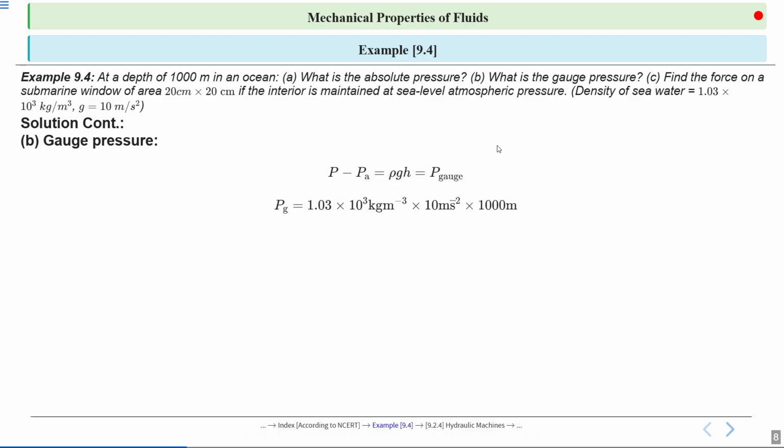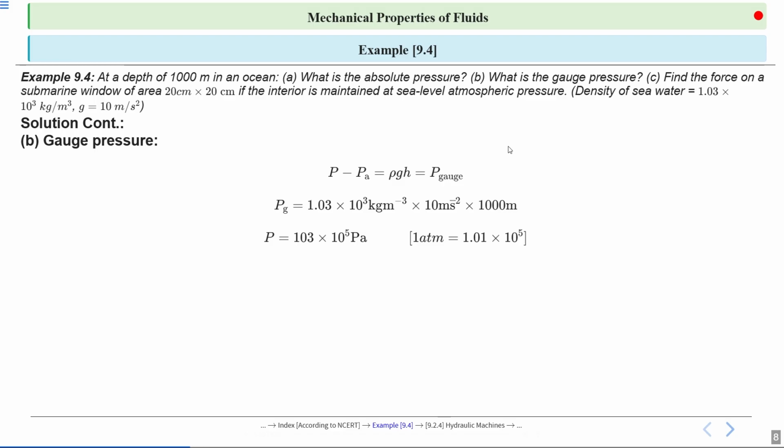Substituting the given values into our formula, we have P gauge equal to 1.03 into 10 raised to the power 3 kilogram per meter cube into 10 meter per second square into 1000. So after performing the calculation, we find that P gauge equal to 103 into 10 raised to the power 5 Pascal.